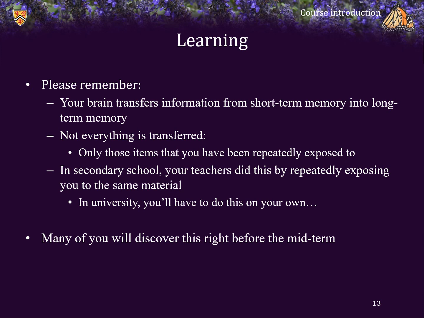That is, every course you see in secondary school can be taught very succinctly in only 9 to 12 hours. In university, you're going to get a lot more information in every hour of lecture, and that is going to be much more difficult if you simply rely on the learning habits you may have seen in secondary school. And you're going to discover this right before the midterm.